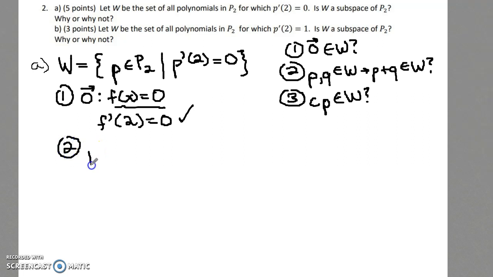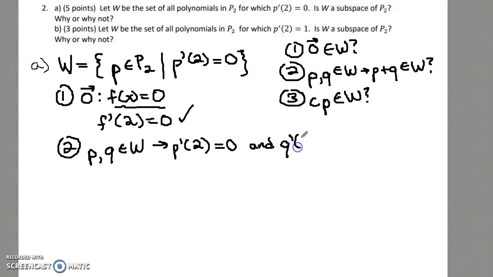Secondly, if we take any 2 polynomials from this set W, what we can assume is that the derivative of P at 2 is 0, and the derivative of Q at 2 is 0. We can assume that because that's the requirement if P and Q belong to W. So now the question is, does P plus Q belong in W?